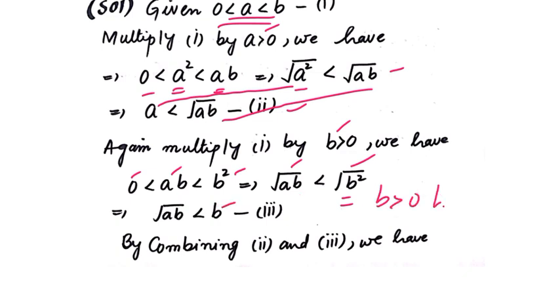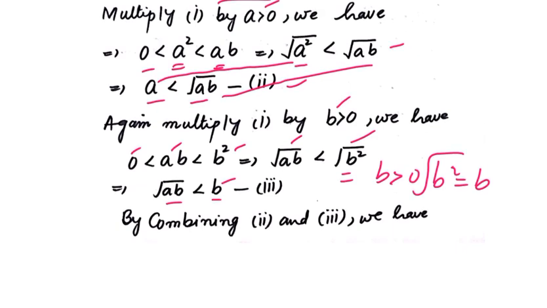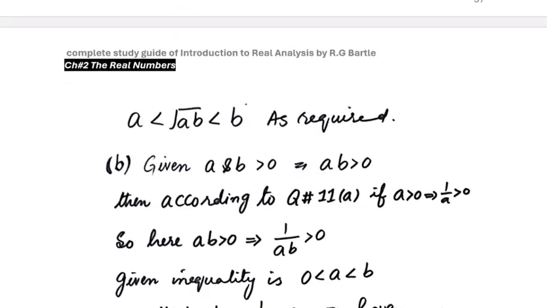In this case, square root of B square is just equal to B. Combining 2 and 3 both, we have in 2, A less than square root of AB, and in 3, square root of AB is less than B. So by combining both cases, we have A less than square root of AB, this is less than B as required.